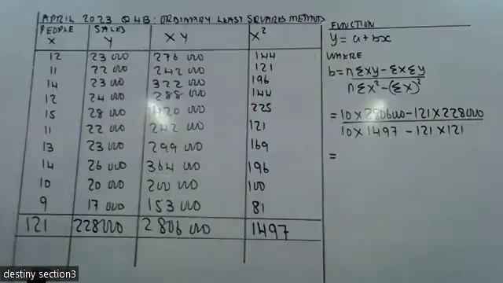So when you put those figures in the calculator, 10 times 1497 minus 121 times 121 equals, so times 10 times 2,806,000 minus 121 times 228,000. 1434.65.